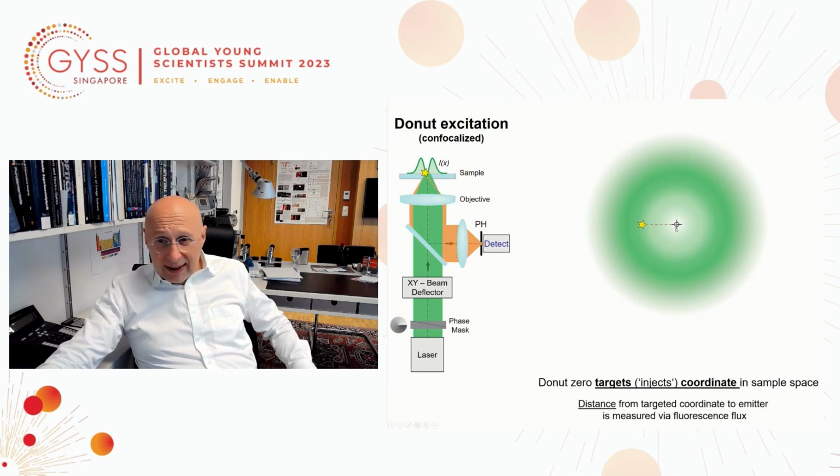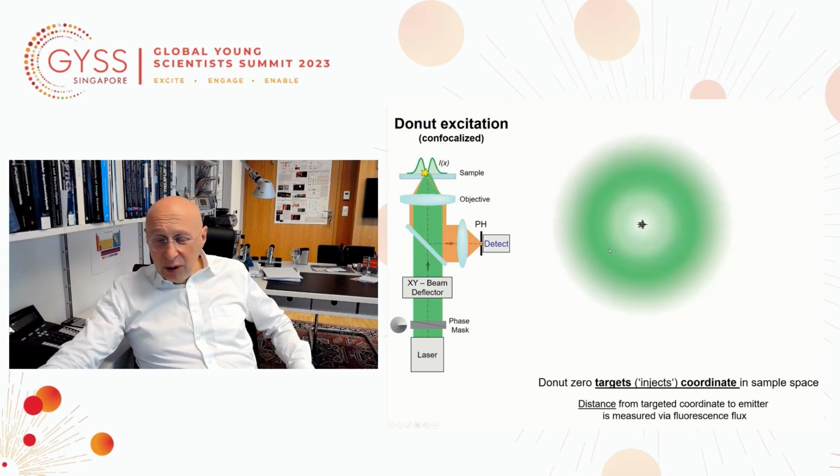Everything boils down to finding out the unknown position of the molecule with respect to the position of that donut-shaped beam, or to be precise, with respect to the zero of the donut-shaped beam. Now, if they are quite far apart like this, and this is light for exciting the molecules, then you can imagine the molecule emits very brightly, because there's a lot of green light that would excite it, and that fluorescence would be measured here by the detector.